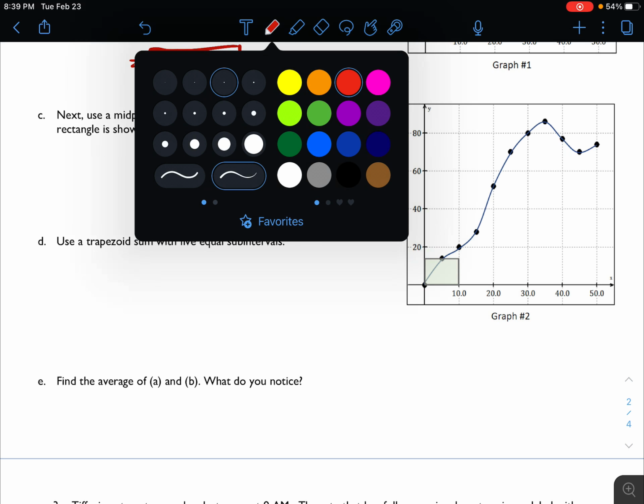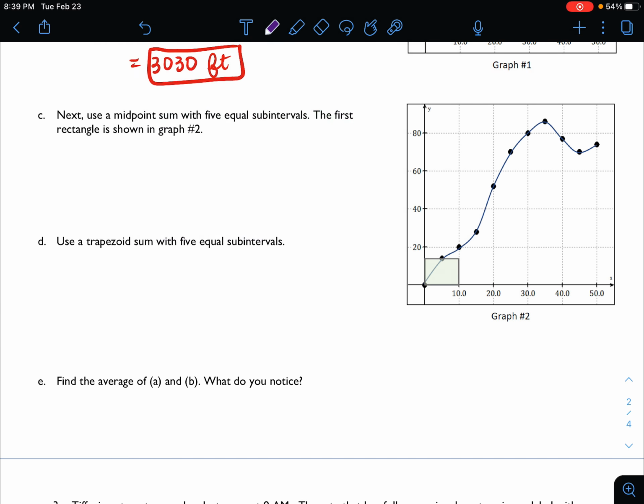So in part C, we want to do a midpoint sum with 5 equal subintervals. And that first rectangle is shown here. So when we do a midpoint sum, our width is still from 0 to 10. But for my height, instead of using the right or the left endpoint, I'm going to go halfway in between them and go up to my height there. All right, and then from 10 to 20, I will use my height at 15 to draw my rectangle.